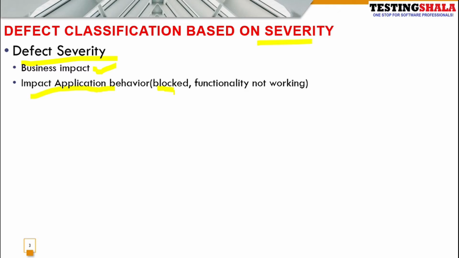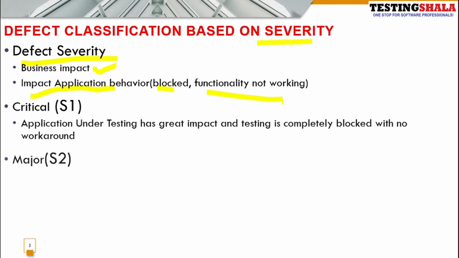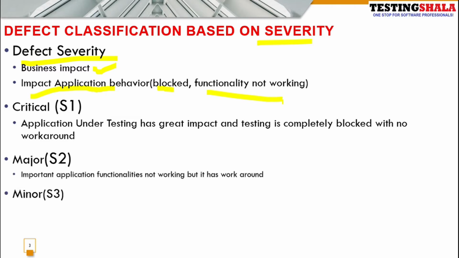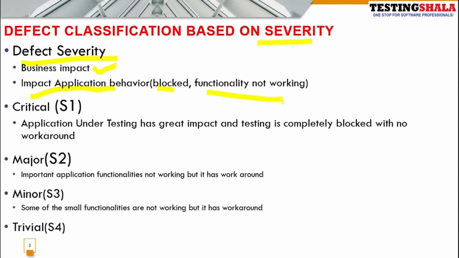If the application under testing behaves in this manner, then an appropriate severity will be associated with that kind of defect. Under defect classification based on severity, we classify four types of severity: critical severity S1, major S2, minor S3, and trivial S4. These are the four important severity levels classified under defect severity.